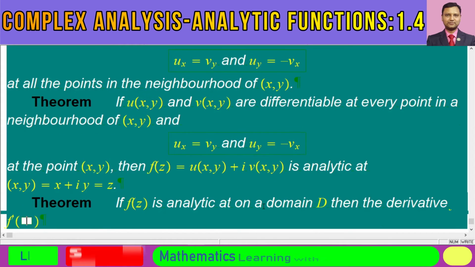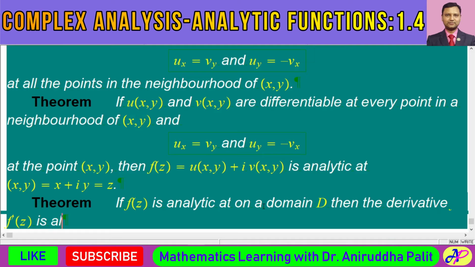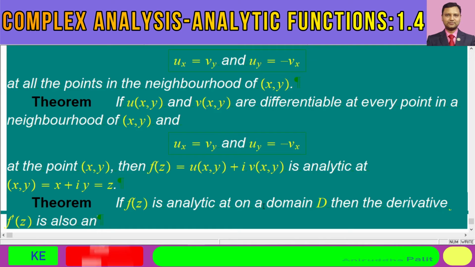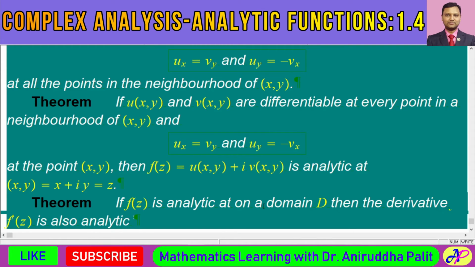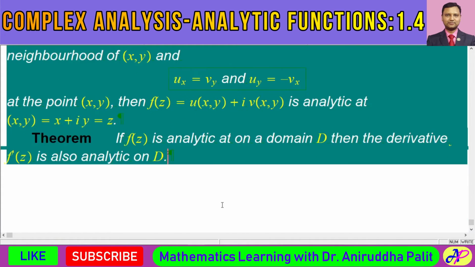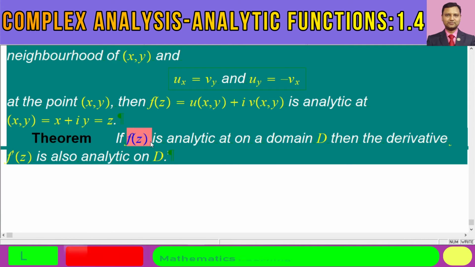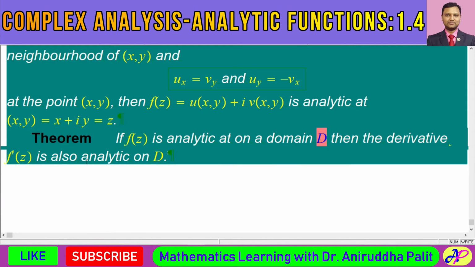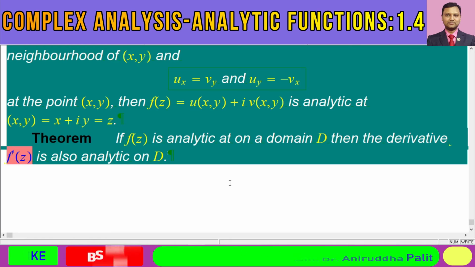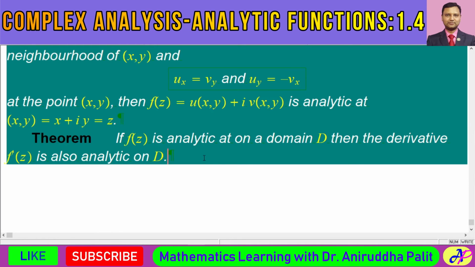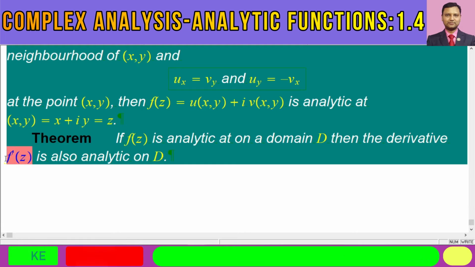f dash z is also analytic on this domain D. If a function f is analytic in a certain domain D, then its derivative f dash z is also analytic in the same domain D. Here again, we can apply this result on the function f dash z as well.